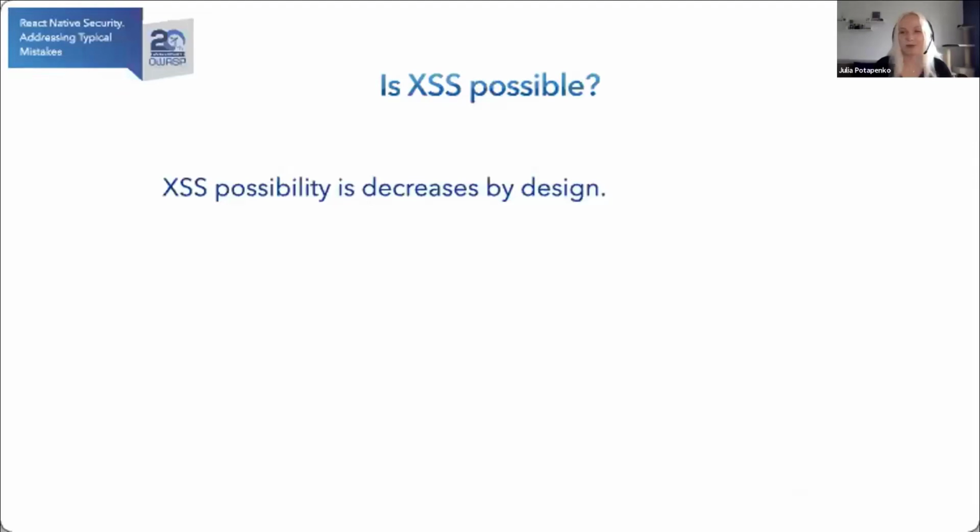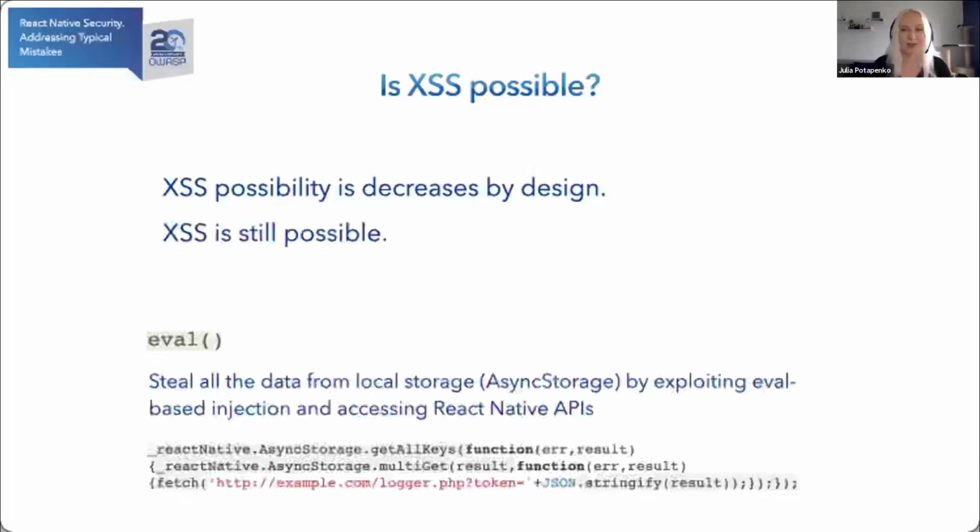If you read some articles, you can see some explanations why we consider the possibility to be decreased, like in React.js, and for React Native, it is decreased even more. But let's not go way too deep into this topic because XSS is still possible.